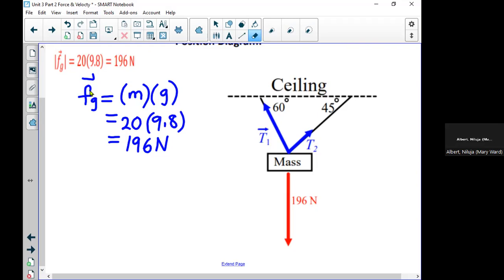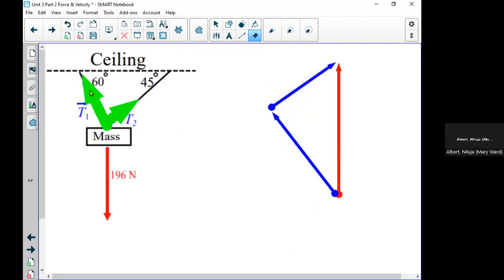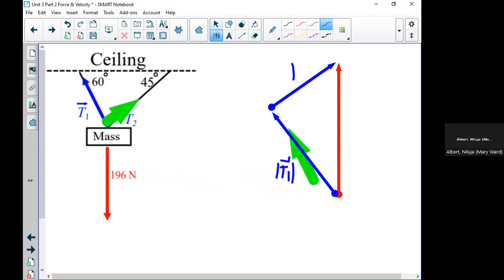So now this leads me to my vector diagram. If I had to take these tension vectors and replace them, I'm going to call this vector T1 and this vector T2. So you can see that.